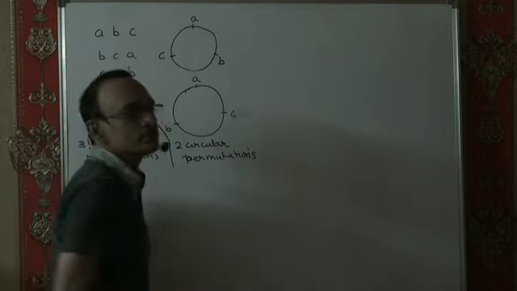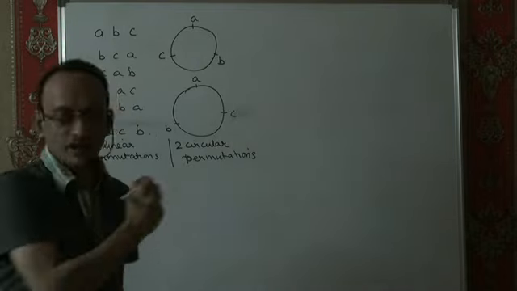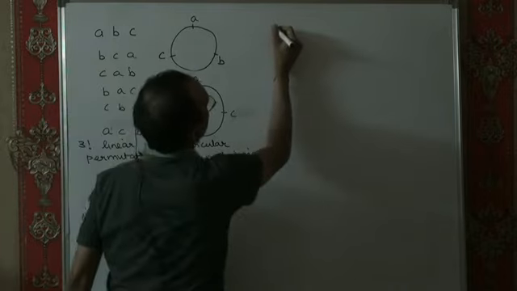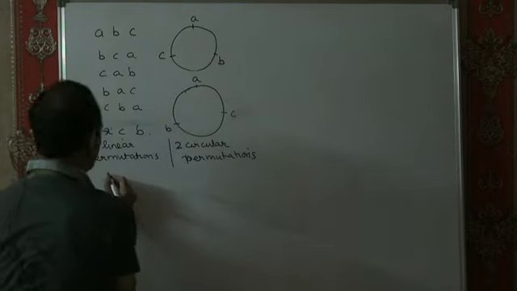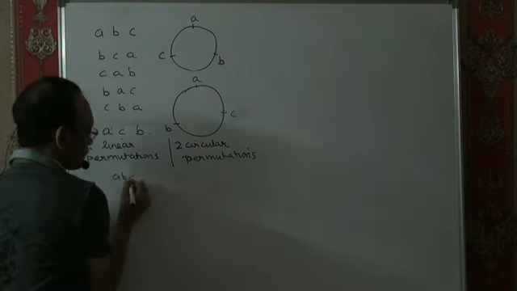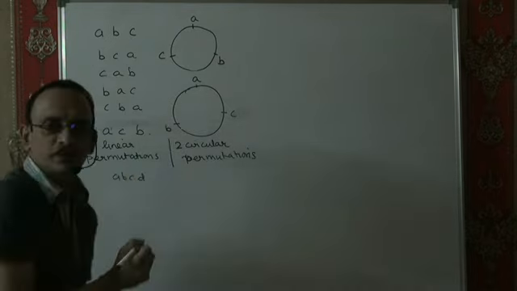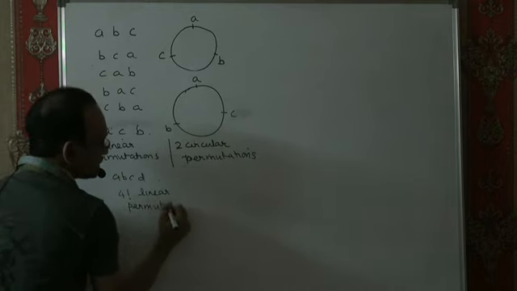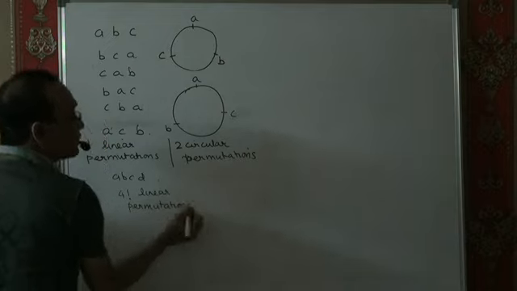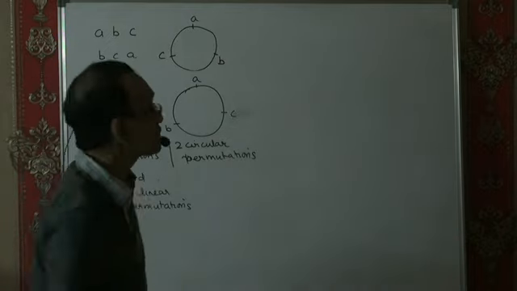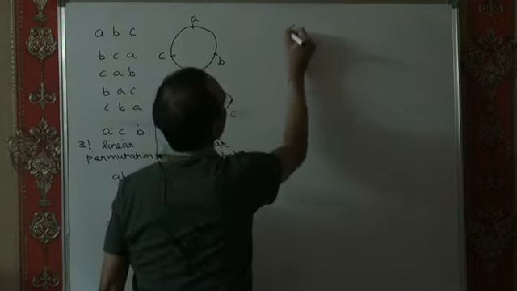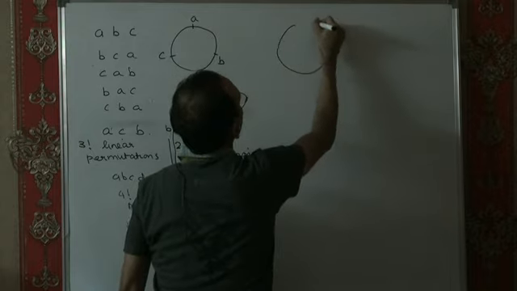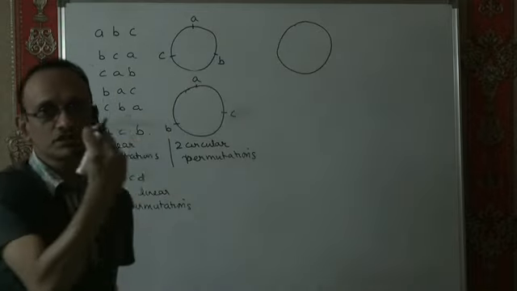Now suppose instead of 3 things, I had 4 things, A, B, C, D. Then there would be 4 factorial linear permutations. Let's see how many circular permutations. What we do here is we start by fixing A somewhere on the circle.